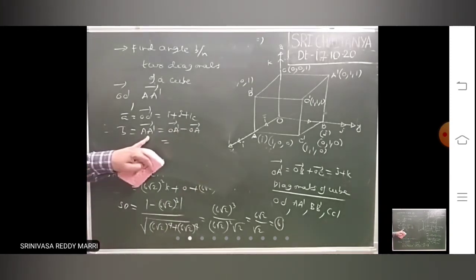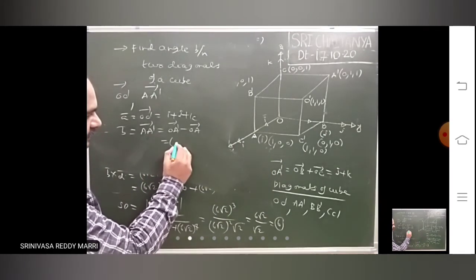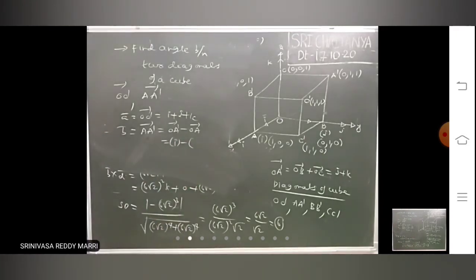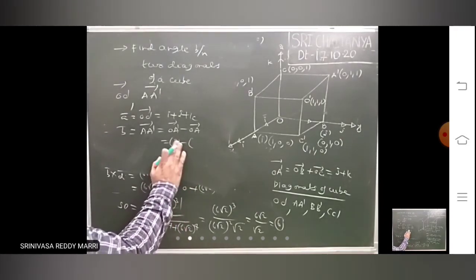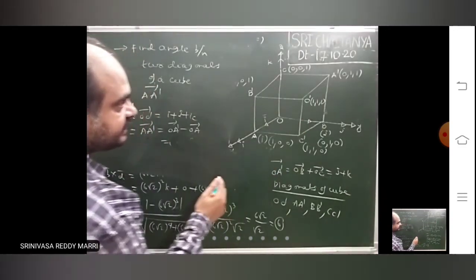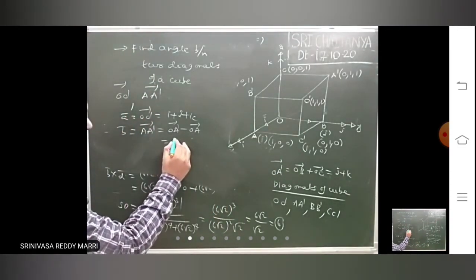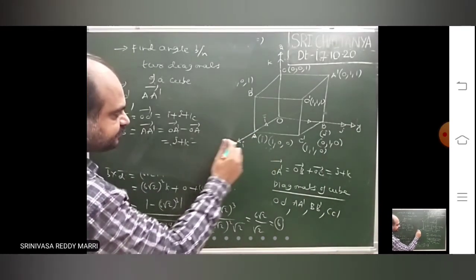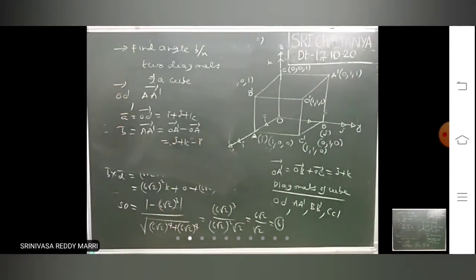This diagonal vector is AA dash bar. So A means what here? A means I minus OA bar. OA dash bar means that J plus K minus OA bar means position vector of this. This is the one. Right?